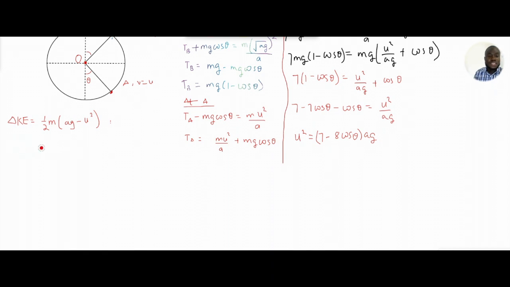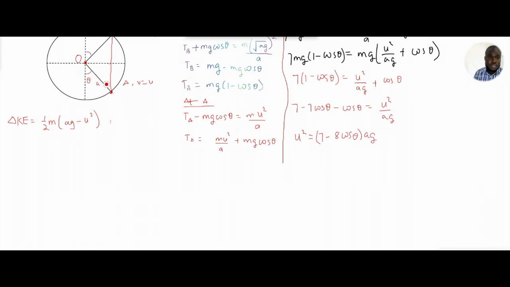Now let's look at the change in gravitational potential energy. With that, we need to look at the vertical displacement from the point A all the way to the point B. Remember, from the point O to the point A is the radius of the circular path, which is a.